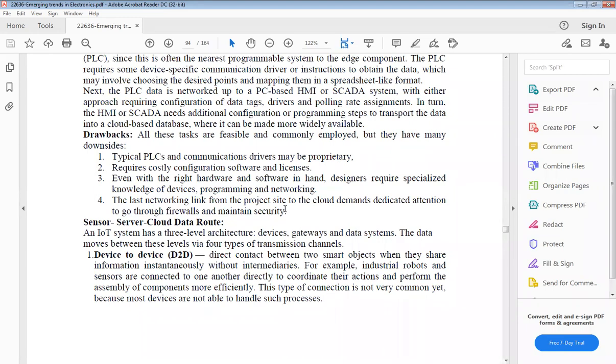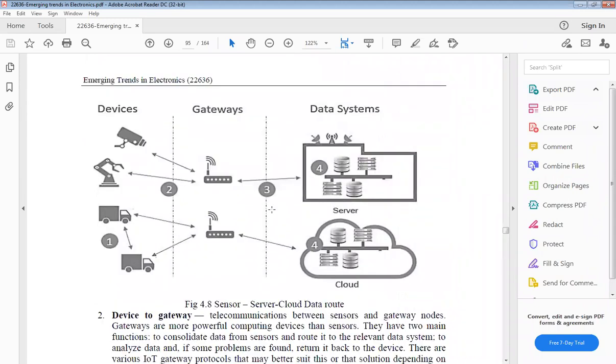This type of connection is not very common yet because most devices are not able to handle such processes. Suppose one gateway will be there. These are the devices, different devices. Using the gateways, the data is transmitted to the data system or directly to the server using some wired or wireless network, or sometimes directly to the vehicle.